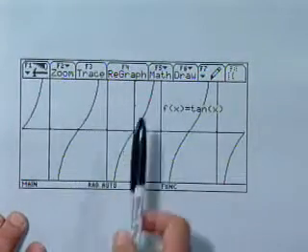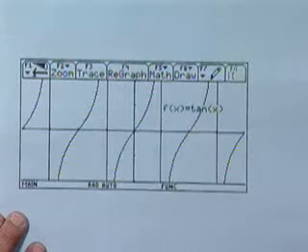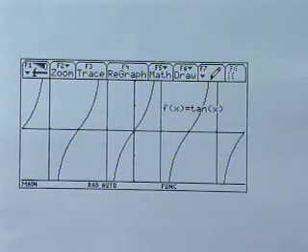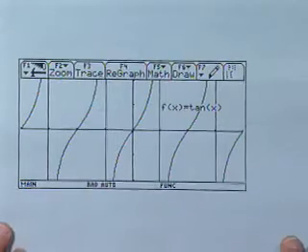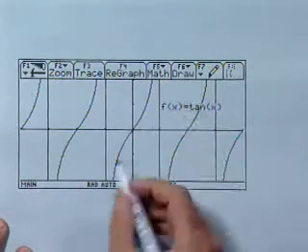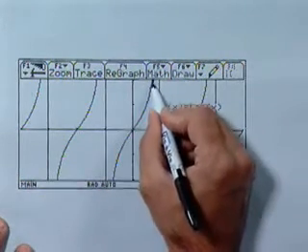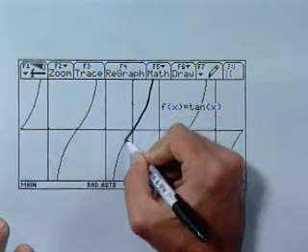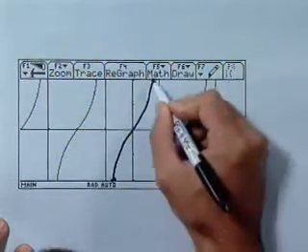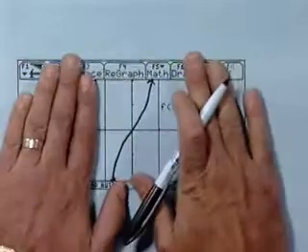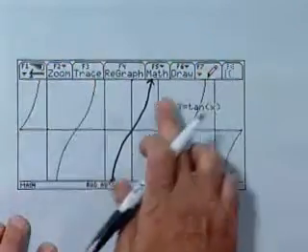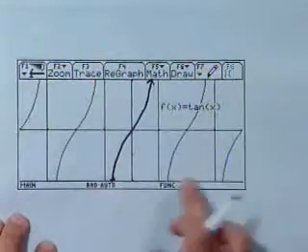So we're going to try to restrict the domain and just grab a piece of this function, and then we'll talk about that piece as a one-to-one function. Notice, if I just look at this particular part of the function and nothing else, that function is one-to-one. That little piece passes the horizontal line test.